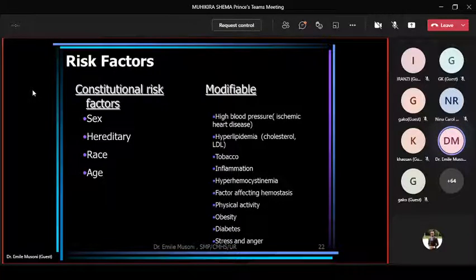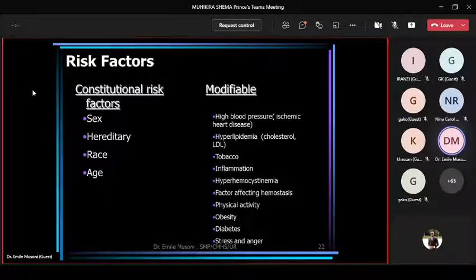That high blood pressure can cause an injury to the endothelial cells. So what you must know, stress and anger increase immunological disease and high blood pressure.